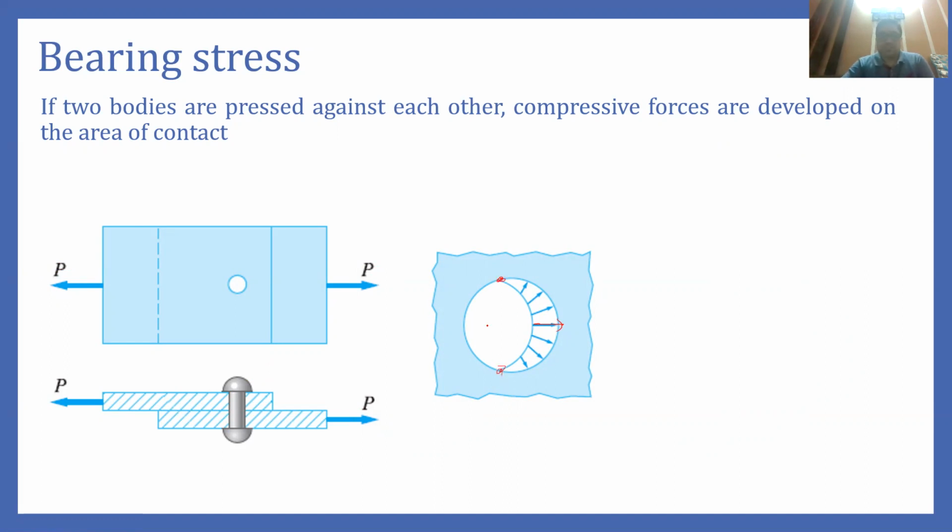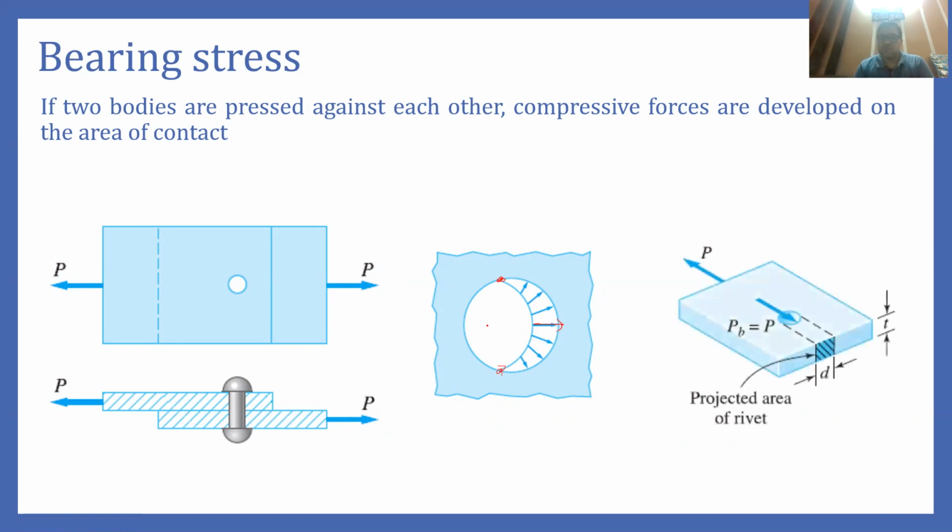Now, we have to see which area will be under consideration for calculating the bearing stress. If we visualize, say this is the hole where the bolt will be inserted. So this bolt will press against this surface. So this surface is projected here. So ultimately, this is the area which is subjected to the bearing stress. Bearing stress, as the name suggests, is force upon area.